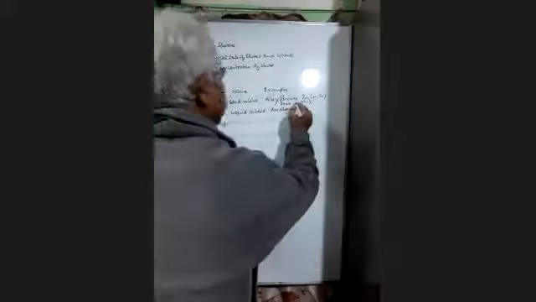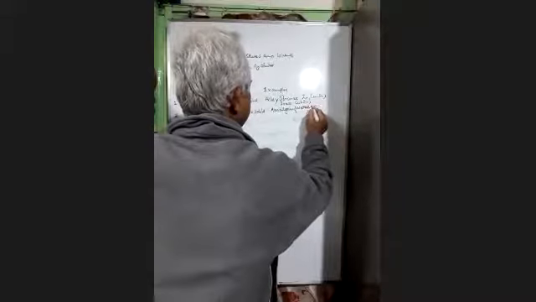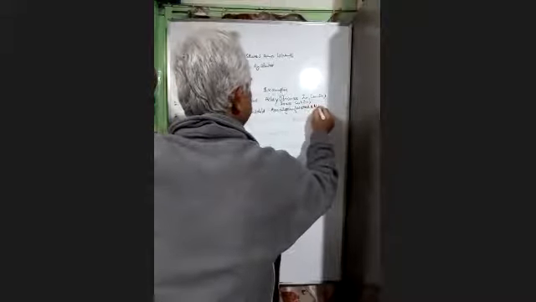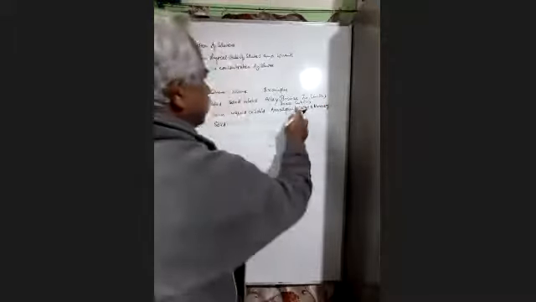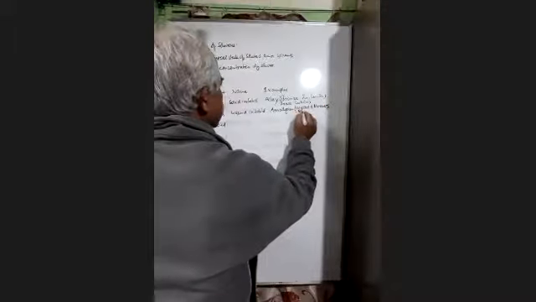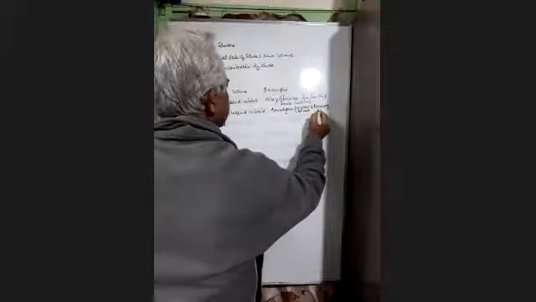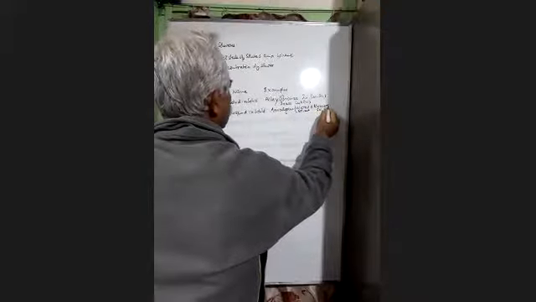Amalgam, you know? Amalgam is an alloy which contains metal and mercury. Mercury is liquid. We add a very small amount of mercury. So it is the solute, and this is the solvent.